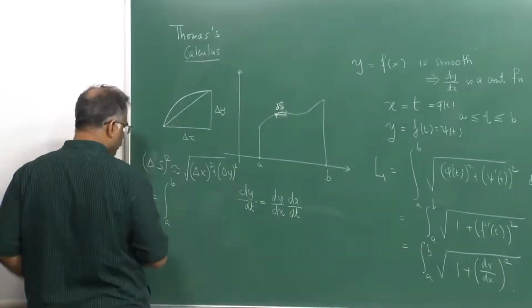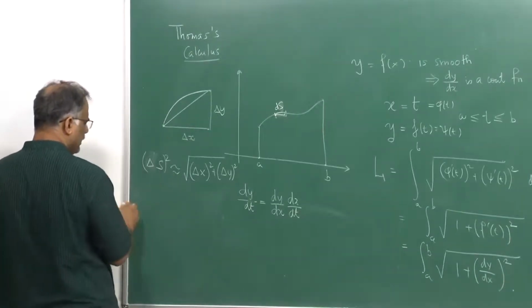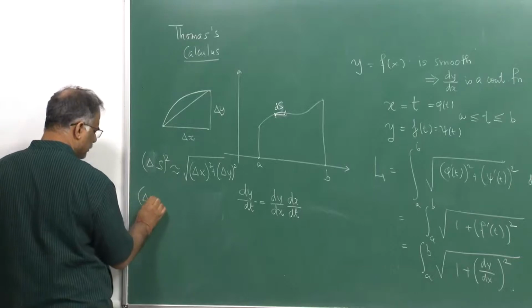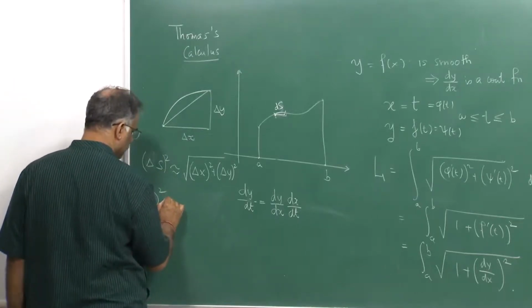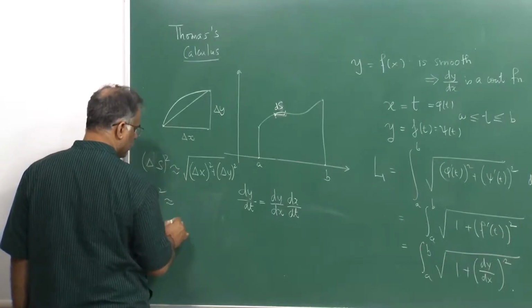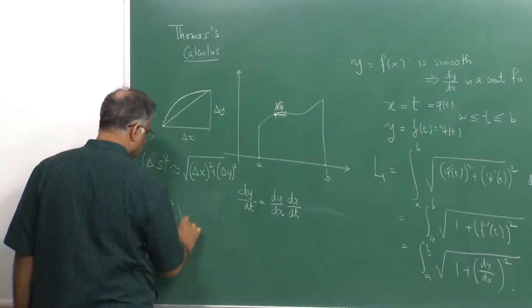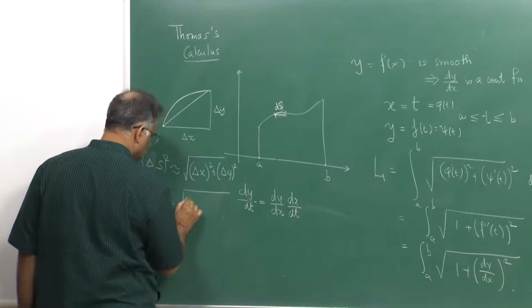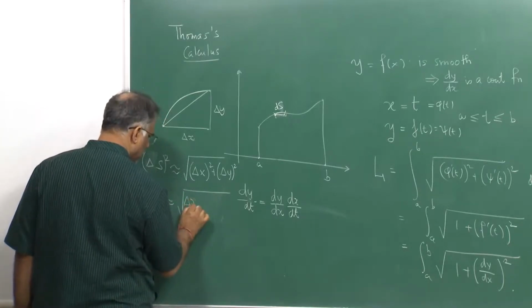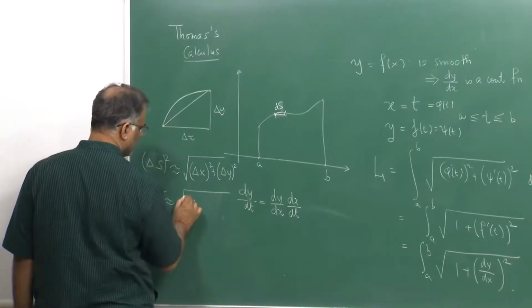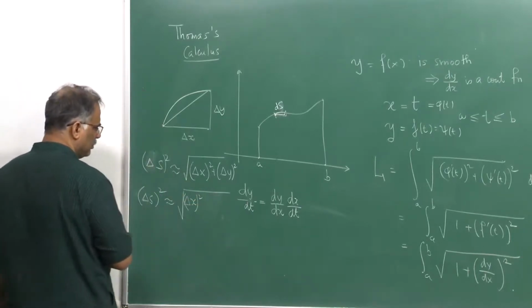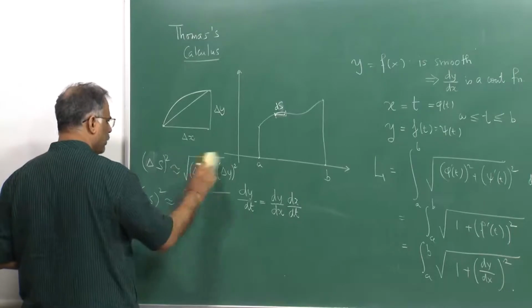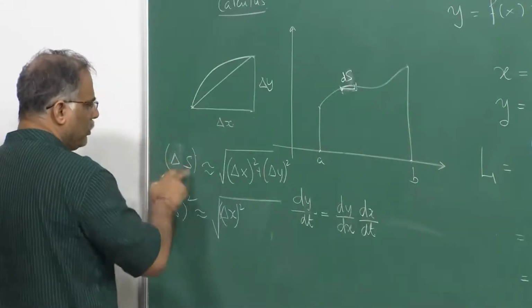So, what you do here is that del s square, oh sorry, not del s square, del s is, so apply the Pythagoras theorem.